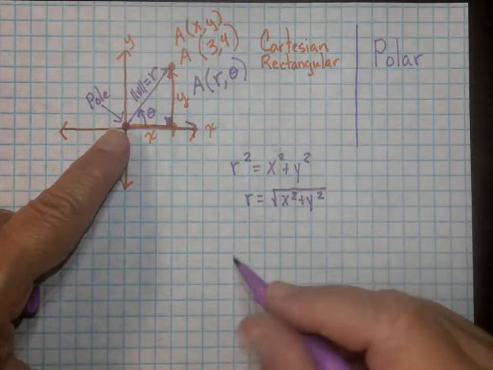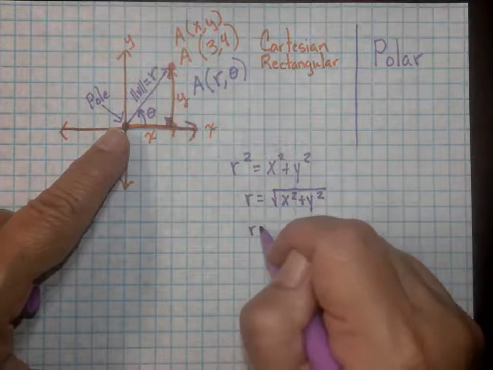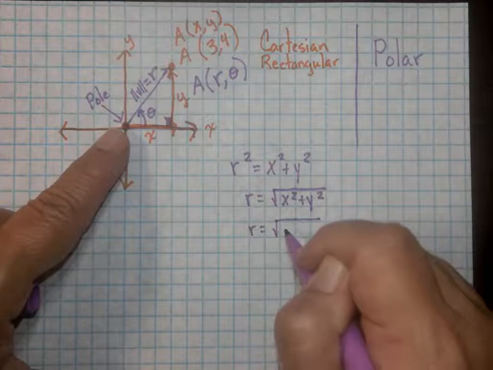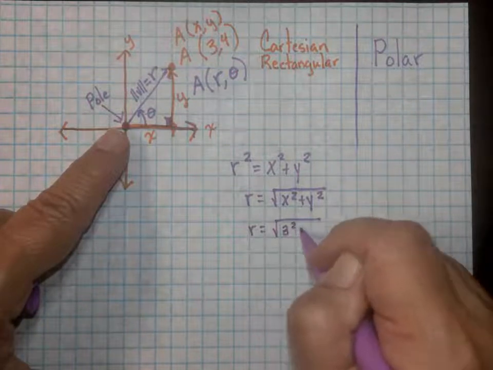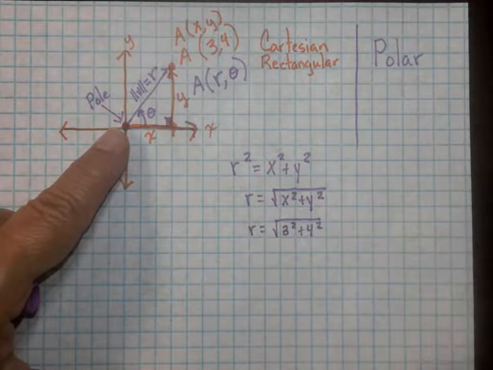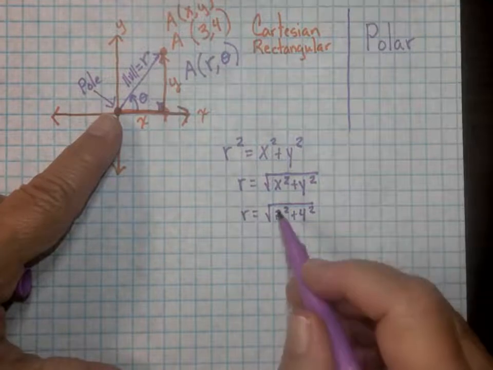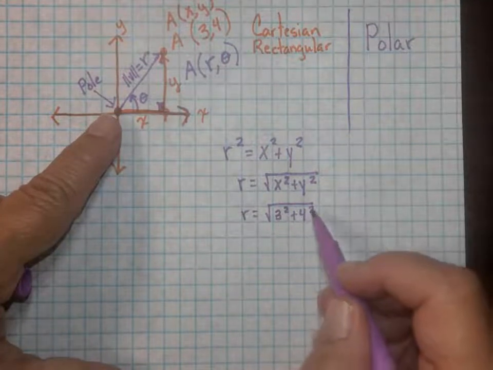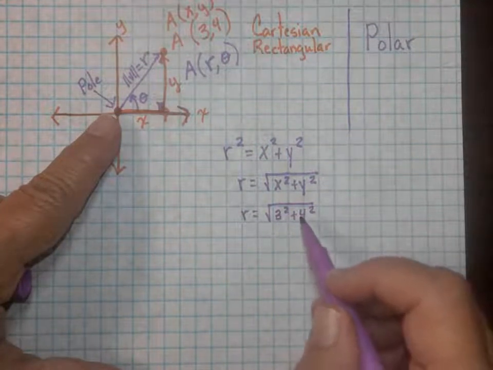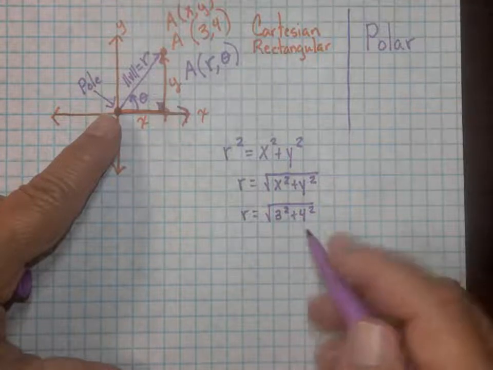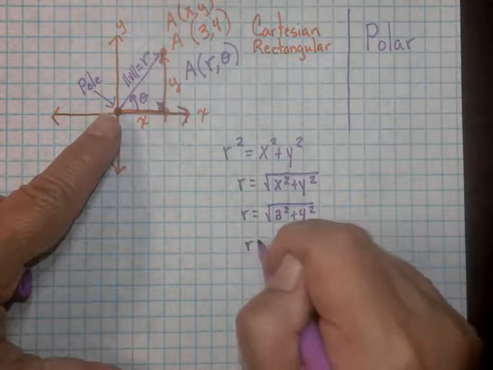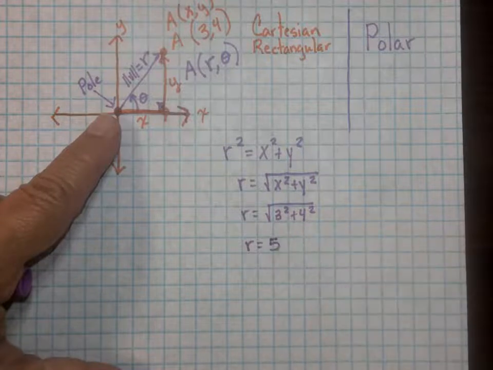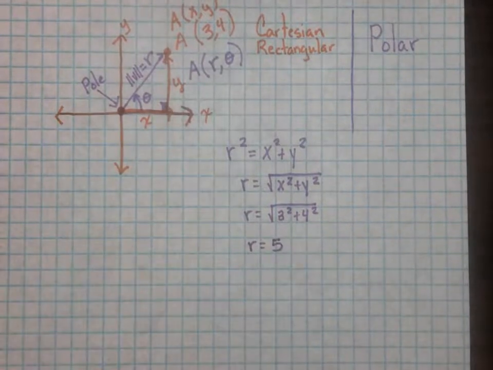So for this particular case, r would be the square root of 3 squared plus 4 squared. And we know that 3 squared is 9, and 4 squared is 16, and 9 added with 16 is 25, and the square root of 25 is 5. So our r would be 5.